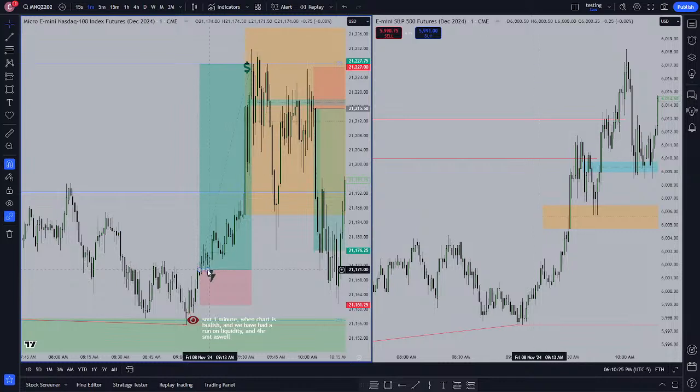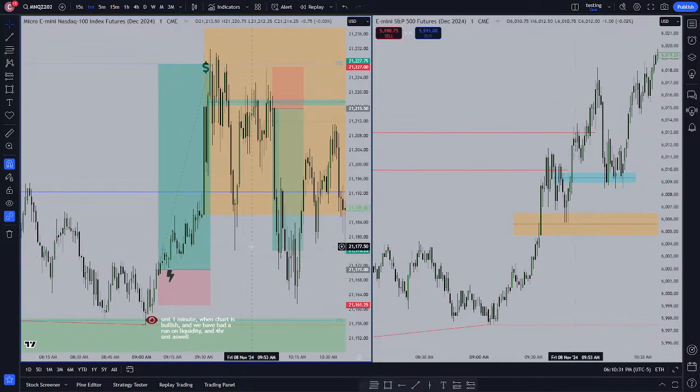Price comes down, touches it, continues to go, and this is an example of it before 9:30. Then you have another example of right here. You have an SMT, and there was no news today.